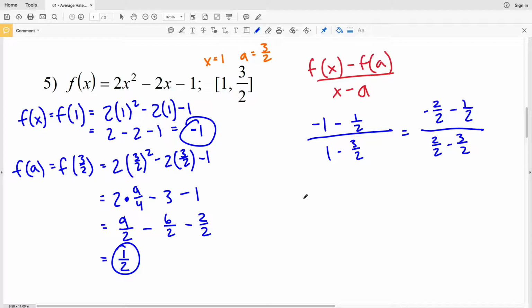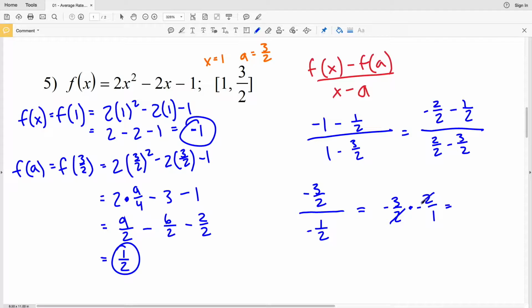-2 minus 1 is -3, so I'll have -3/2 in the numerator, and that's going to be divided by 2 minus 3, which is -1, so -1/2 in the denominator. -3/2 divided by -1/2 is the same as -3/2 times -2 over 1, which -3 times -2 is a positive 6, and 6 divided by 2 is 3.